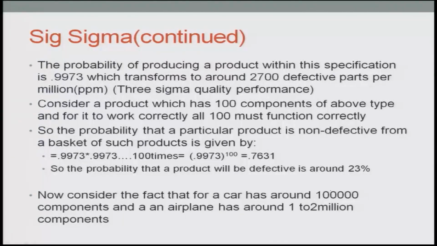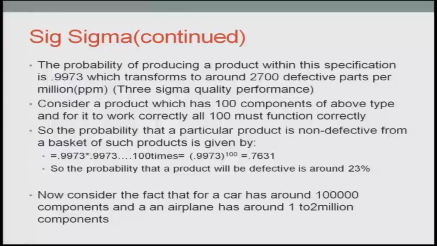So, if there are 100 such components and all of them are working, based on the fact that the level of confidence of defects being there or not being there is guided by plus minus 3 sigma, that means plus minus 3 sigma deviation would basically have good products, and anything outside the range is a bad, defective product.